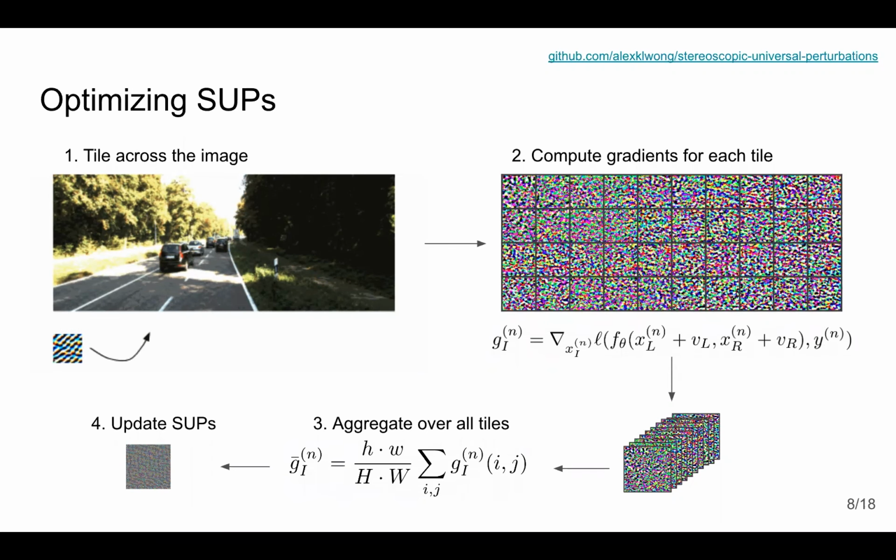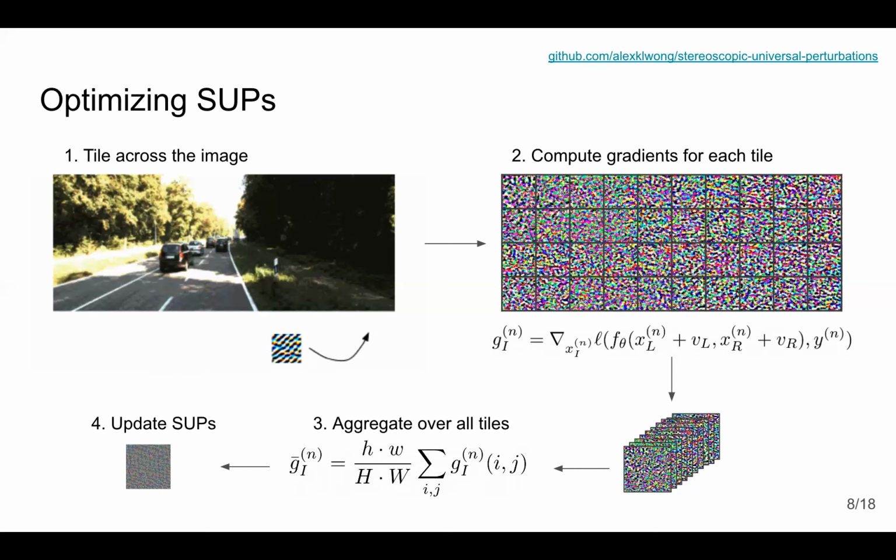Unlike the perturbations we saw earlier that were optimized across the entire image, SUPs are typically a patch that is much smaller in dimensions, for instance, 64 by 64 pixels. This patch is added to a given clean image by evenly repeating or tiling the perturbation without overlap across its height and width to yield a perturbed image.